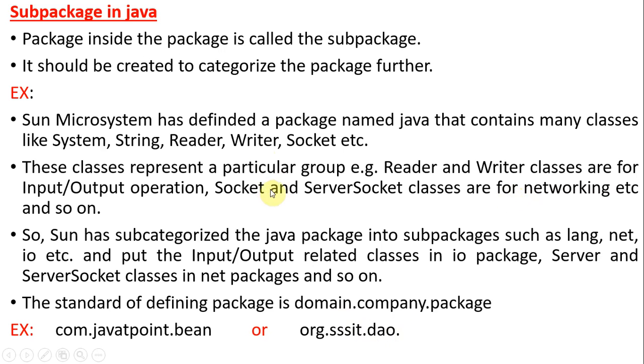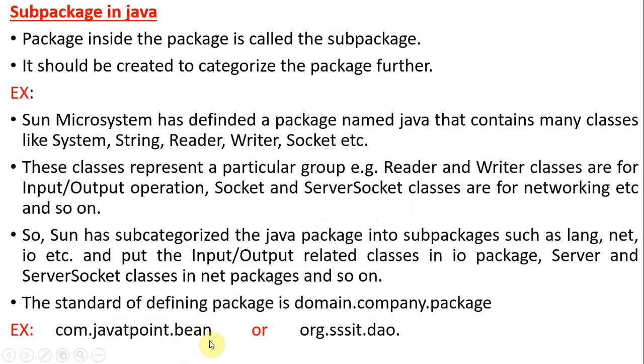For that reason Sun Microsystems subcategorized the java package into subpackages. So java is now subdivided into lang, net, io, like that. Input output related classes are all present in the io package. Socket and ServerSocket classes are present in the net package. Like that we can define.